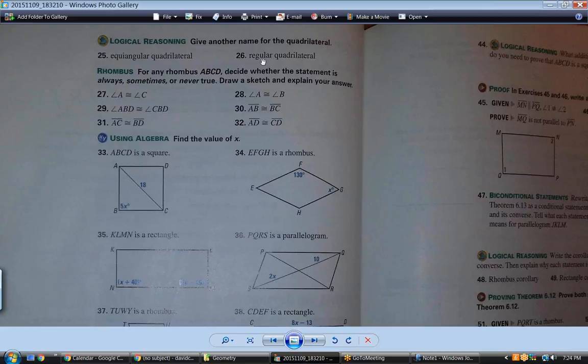It has to be 6 equal sides, 6 equal interior angles. So that's what regular means. So a regular quadrilateral, yeah, that makes sense. Give me another name for a regular quadrilateral.